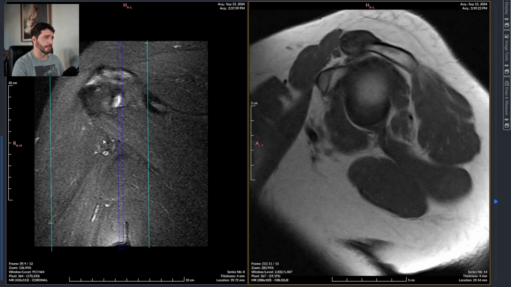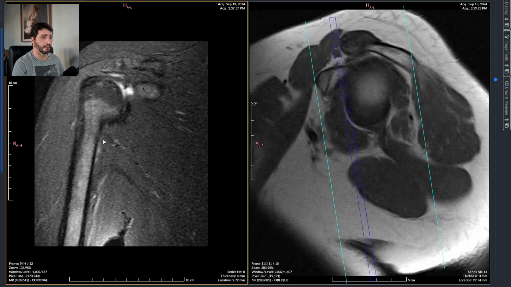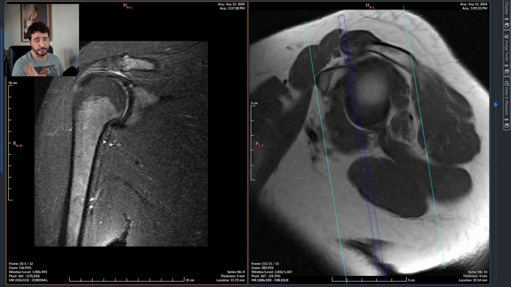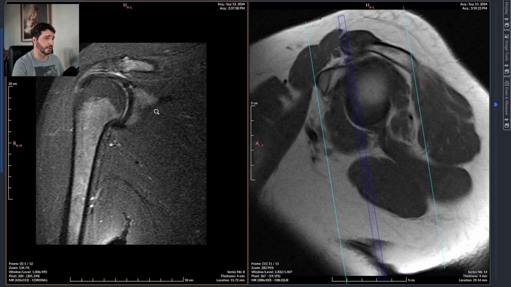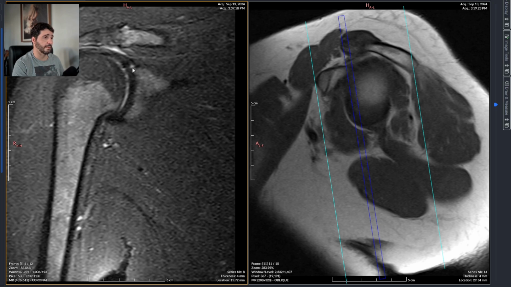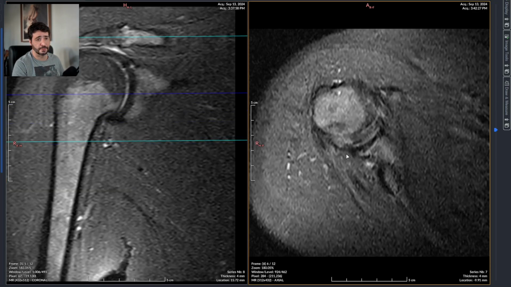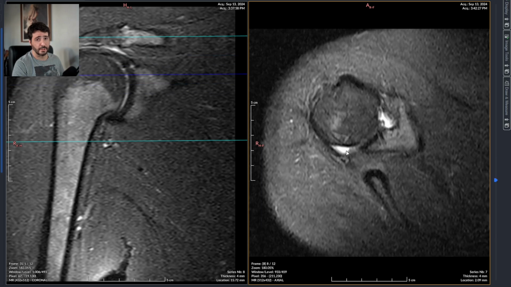Also, I am obligated to look for fibrocartilaginous tears, glenoid labrum tears. This is a very difficult thing to assess in this particular exam because, of course, you guys know fibrocartilage is a very difficult feature to analyze, even when we have a very good looking exam.